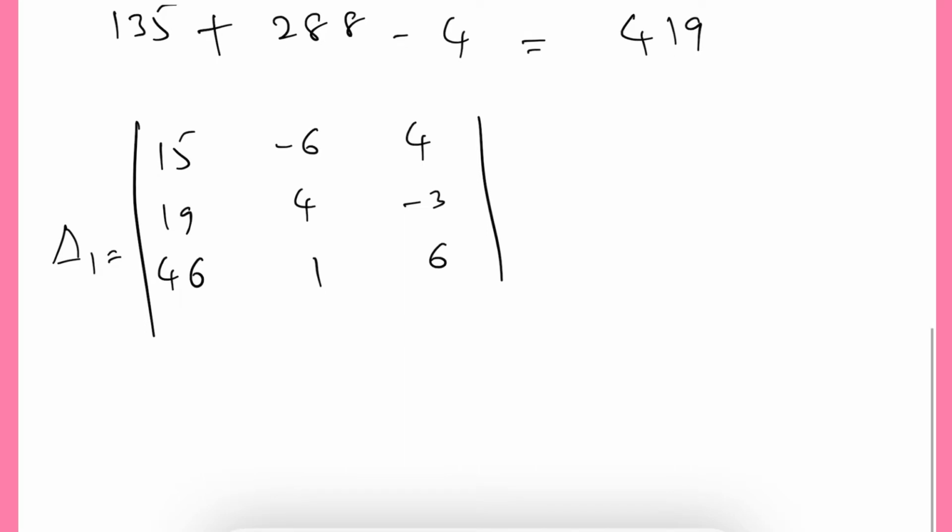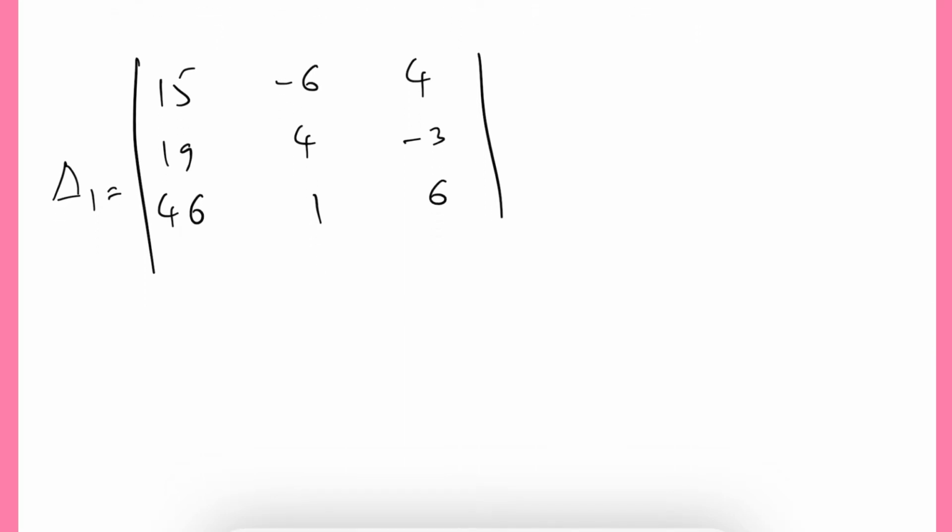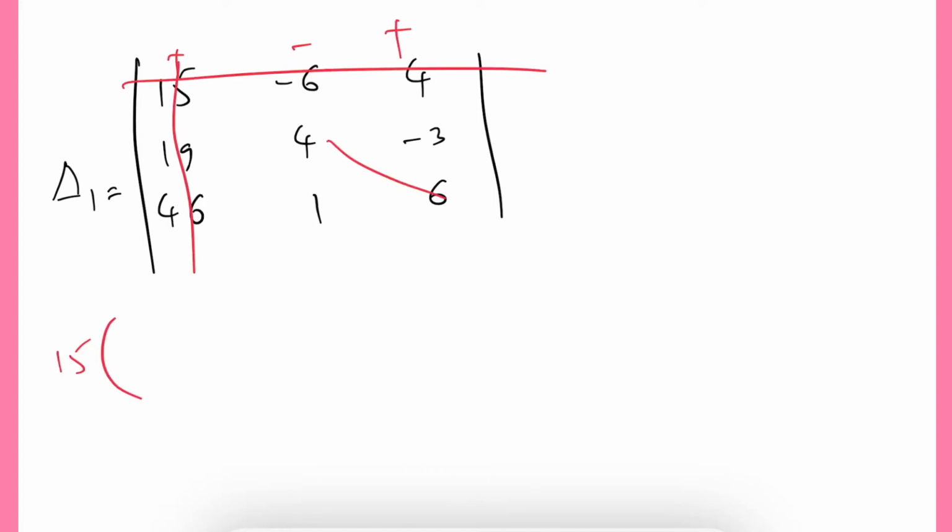Okay, let us find out the determinant for this now. This will become plus, this will become minus, this will become plus. So 15 times, if we remove the row and column, 4 times 6 is 24 minus 1 into minus 3, already minus is there, so plus it will become.